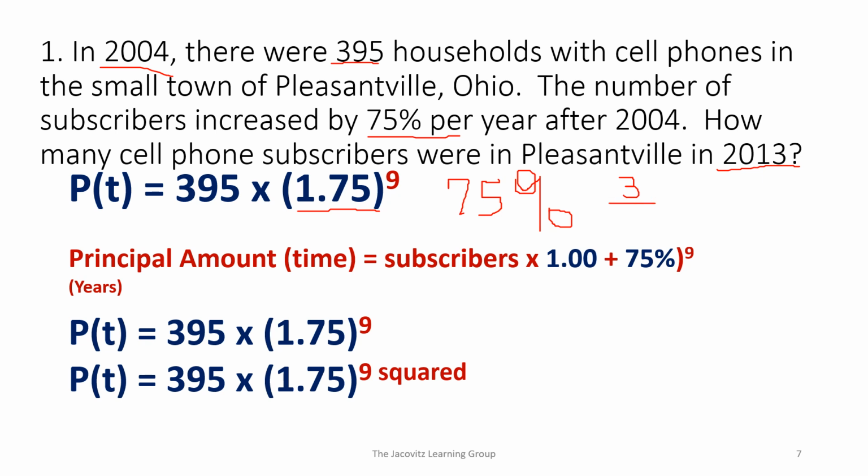You can, but I recommend you don't, because then you have to remember that your constant is going to be 1 plus 0.75, and your numbers may come off differently. So I wouldn't do it like that. You could also remember that this is 1.75, and you could do it that way too.